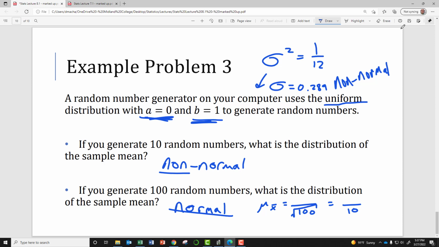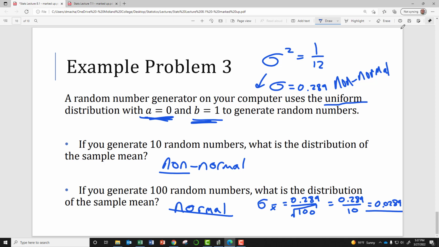So for the standard deviation of my sample mean, this is going to be 0.289 divided by square root of 100, which is 0.289 divided by 10, which is going to be 0.0289.